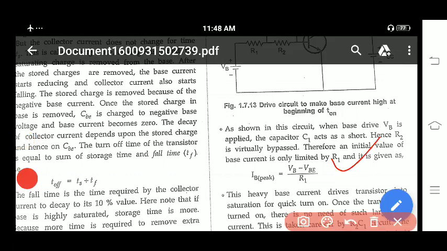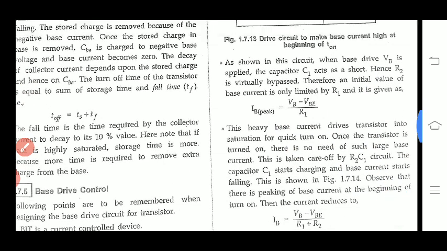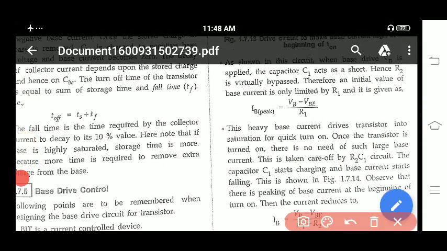This is the expression for IB peak. This IB peak is the heavy base current. It will drive the transistor into saturation for quick turn on. The base to emitter capacitance will be completely charged, so your transistor goes to a quick turn on.